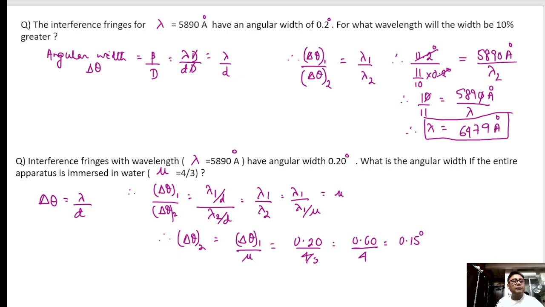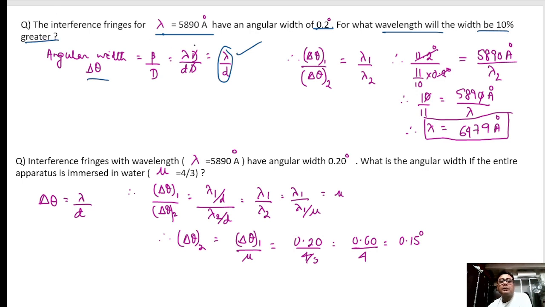So next we will find out from here the interference fringes. This is the wavelength given. Angular width is given as lambda by d. We know that angular width, please note this formula, is lambda by d. Okay, for what wavelength will the width be 10% greater?